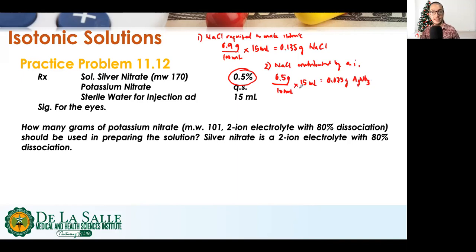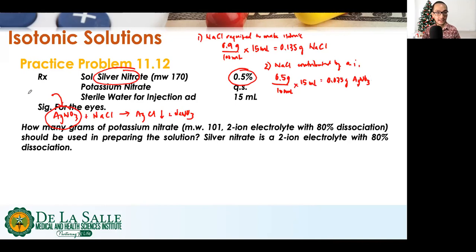Now notice that our active ingredient is silver nitrate. We know that silver nitrate cannot really be adjusted by sodium chloride. Otherwise, when you add sodium chloride to your silver nitrate, there will be a precipitate of silver chloride produced, which will reduce the amount of the silver nitrate.